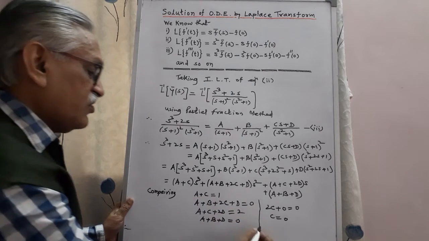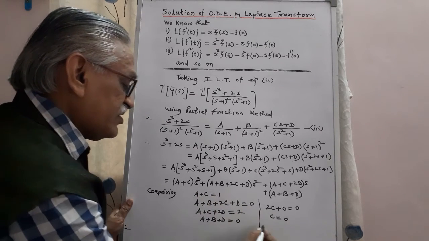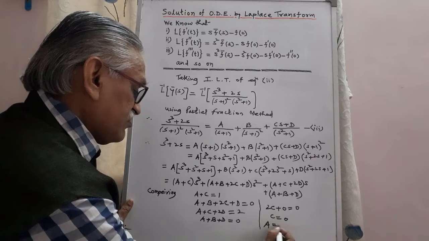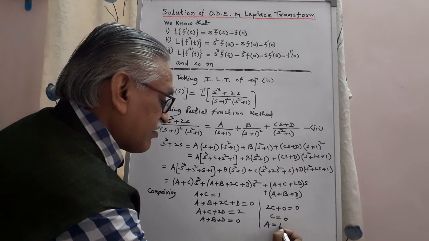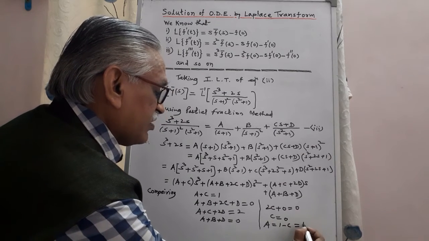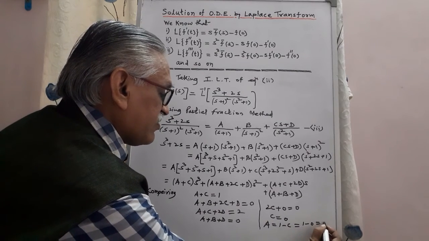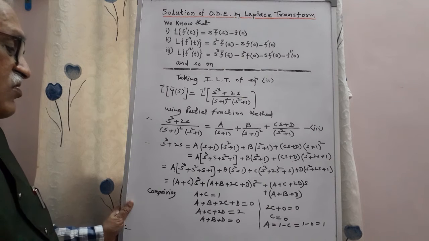If c is 0, we get from first a is equals to 1 minus c, it is 1 minus 0, we get 1.